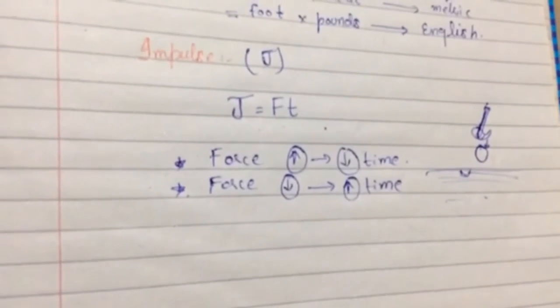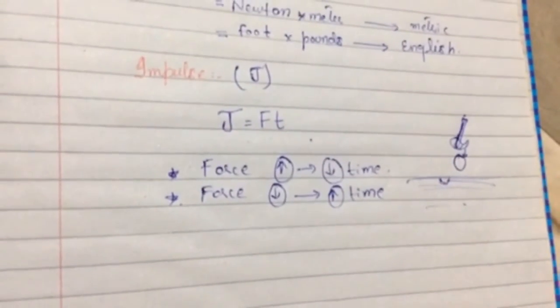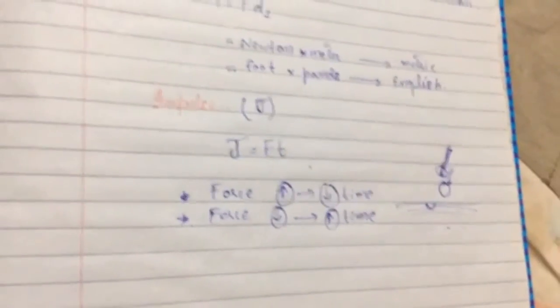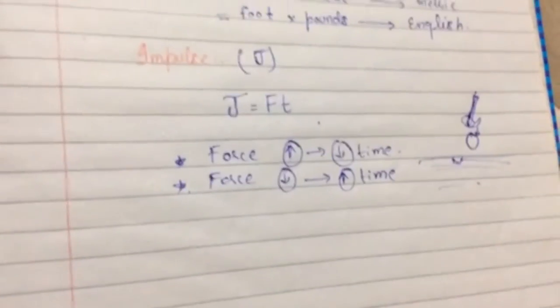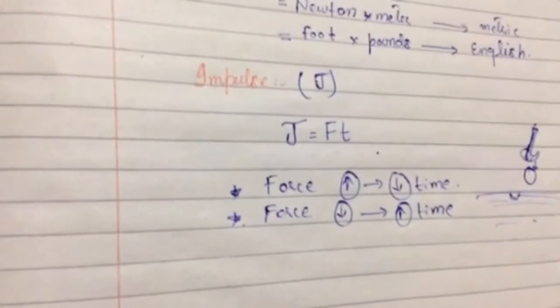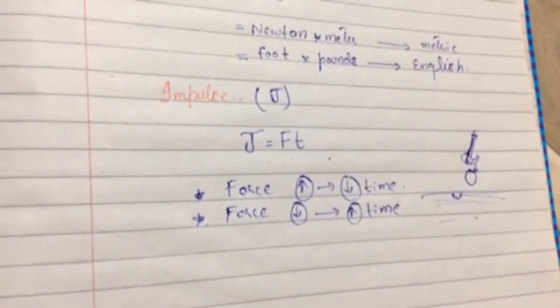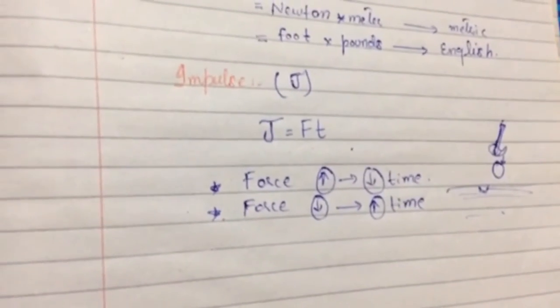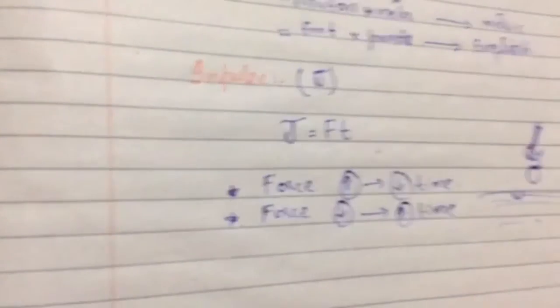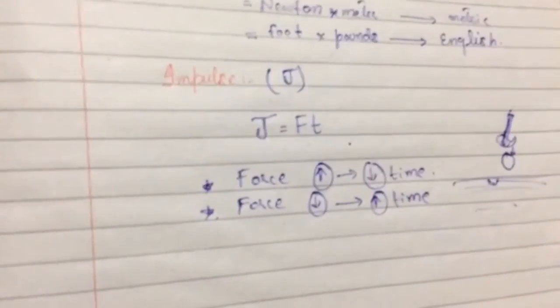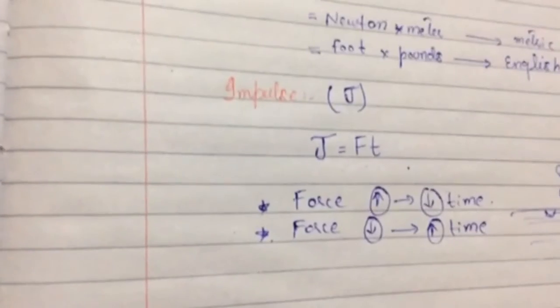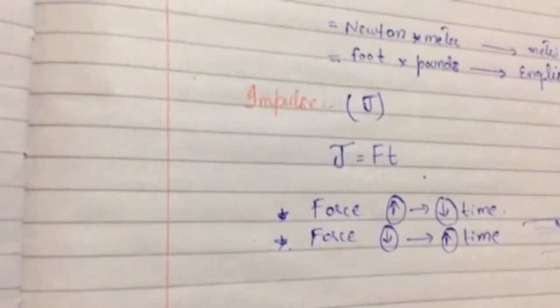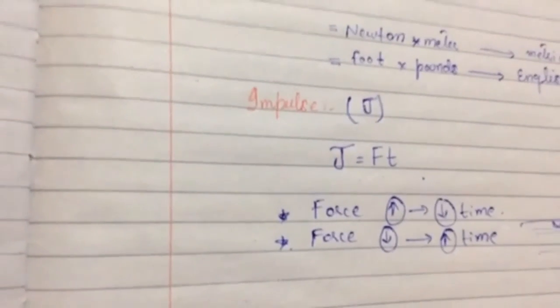If a cricketer hits a ball, they hit the ball vigorously with a large force, but the duration is short, only a few seconds in contact with the ball.